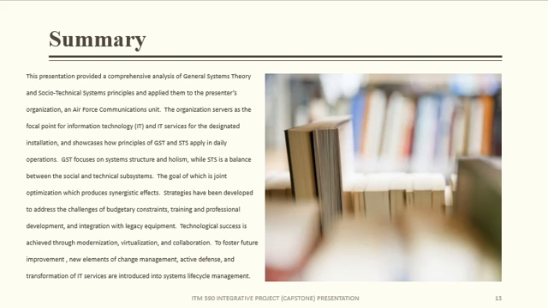Strategies have been developed to address the challenges of budgetary constraints, training, professional development, and integration with legacy equipment. Technological success is achieved through modernization, virtualization, and collaborative elements. To foster future improvement, new elements of change management, active defense, and transformation of IT services were introduced into the systems development lifecycle.